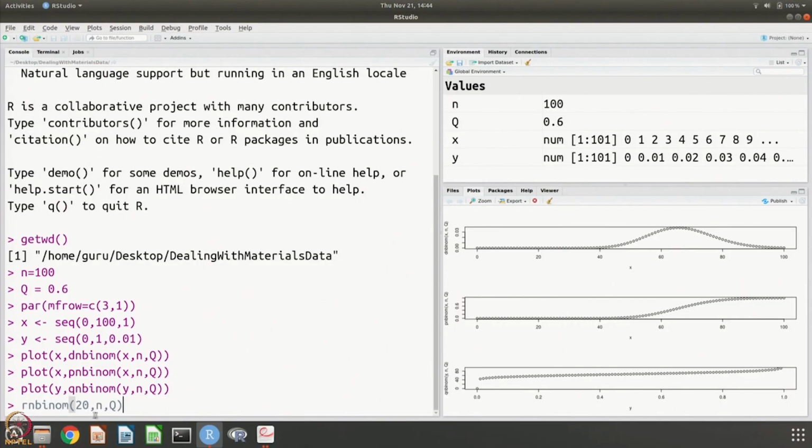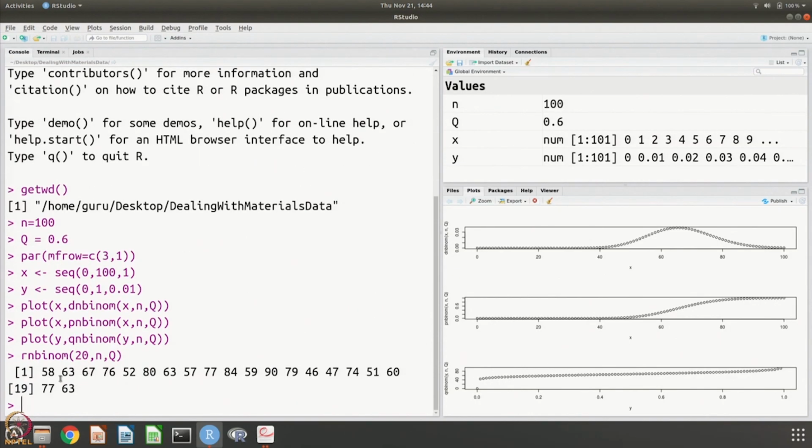We want 20 of them, and we know that n is 100 and q is 0.6, and you can see: 58, 63, 67, 76 and so on, up to 63. So, this is the negative binomial distribution, and it is relevant for the atom probe, and we can work with R using nbinom to deal with this function.